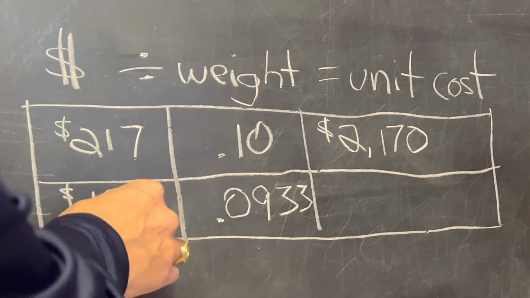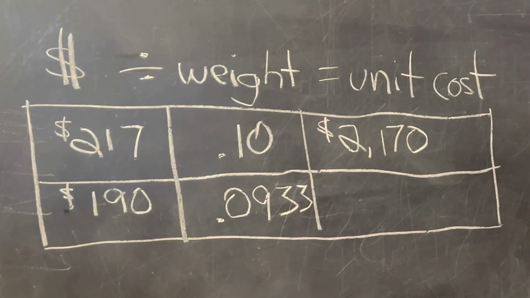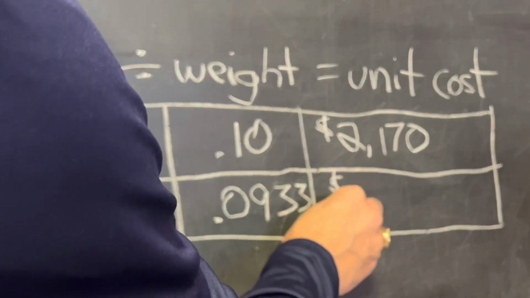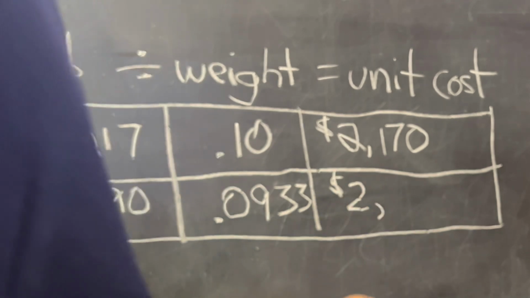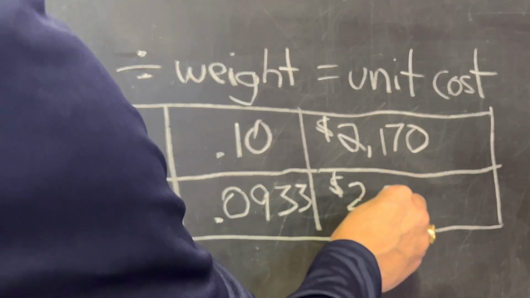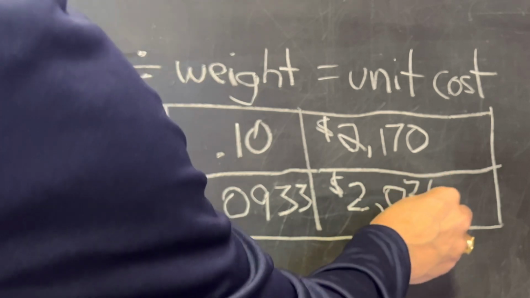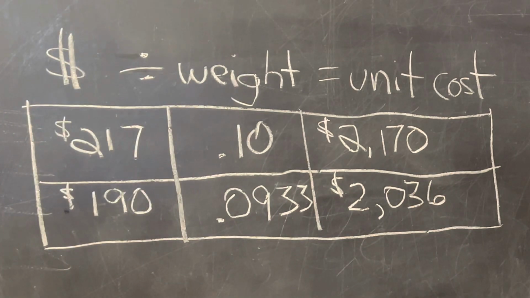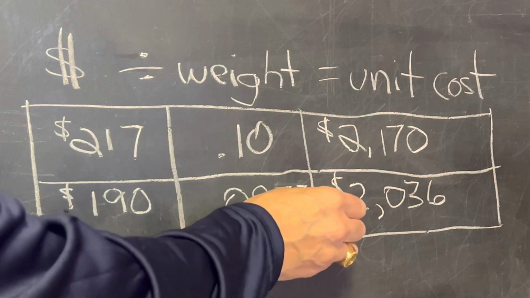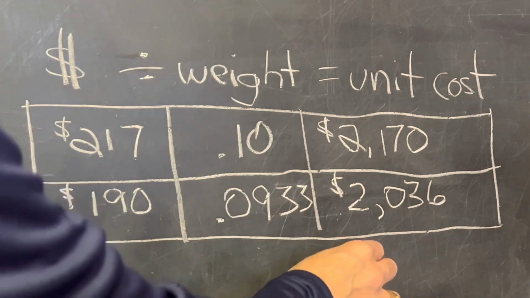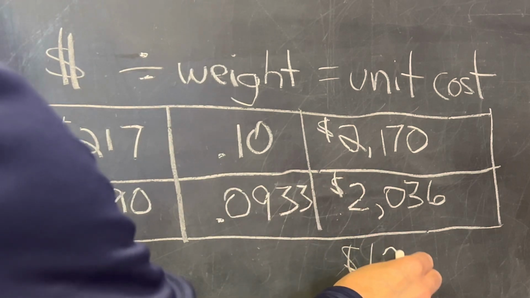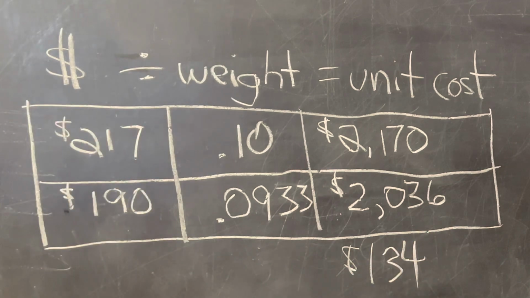They divide 190 by 0.0933, and you get this number right here, $2,036. And as you could see, we've got a lower price right here, lower by $134. Now that, my friends, I think is a pretty good value.